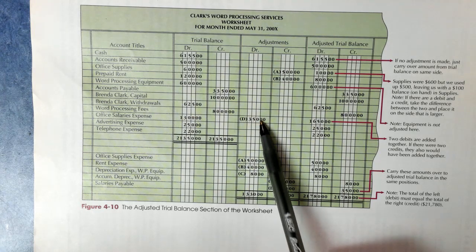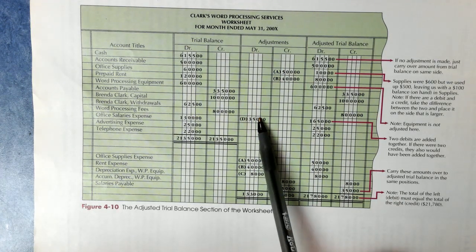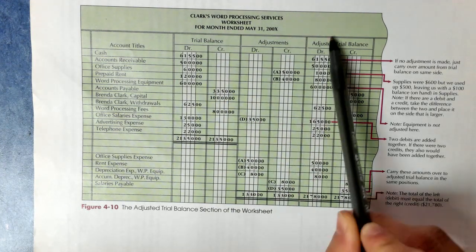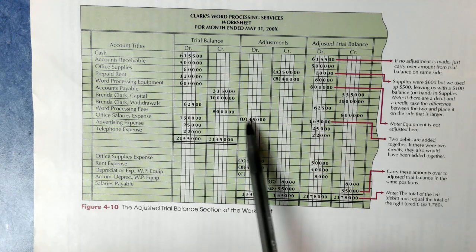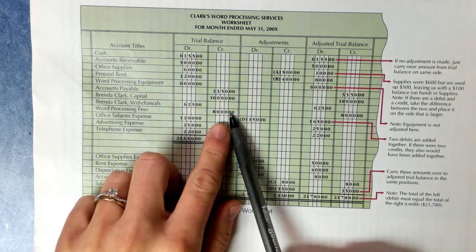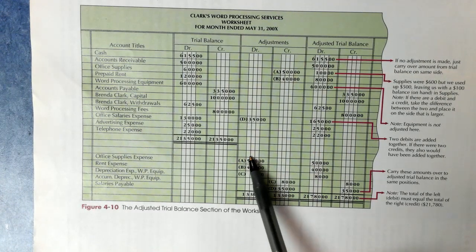So we add what we owe them, right? We adjust it, we increase those expenses, and so we take a debit plus a debit to get a new, larger debit. Remember, if they're in the same column, you're going to add them together. Debits add to debits. If this was a credit, it would be the same. Add your credits. No adjustment, no adjustment.